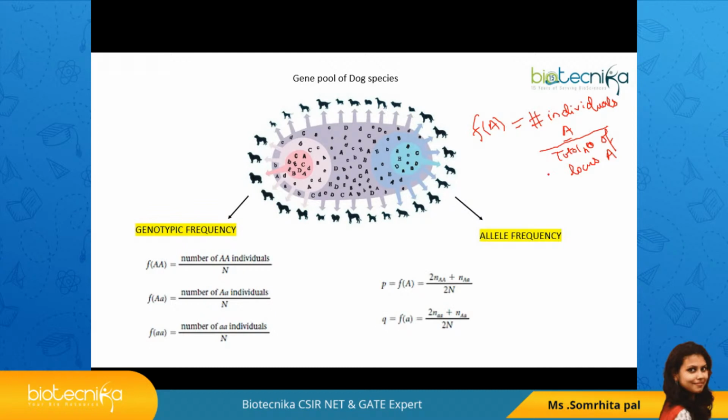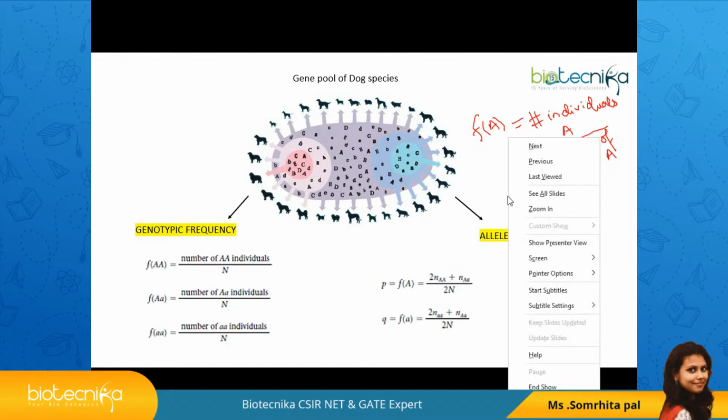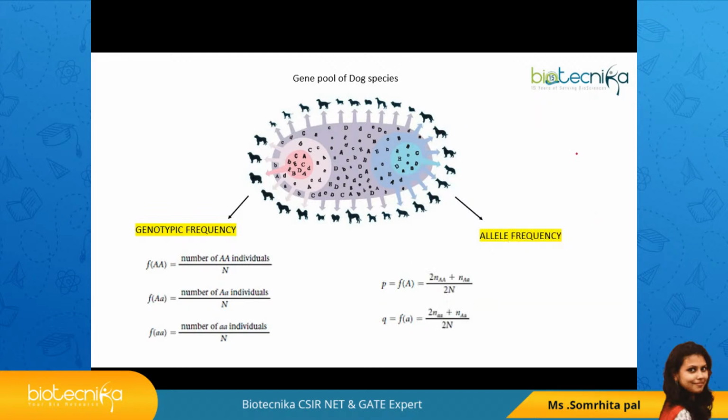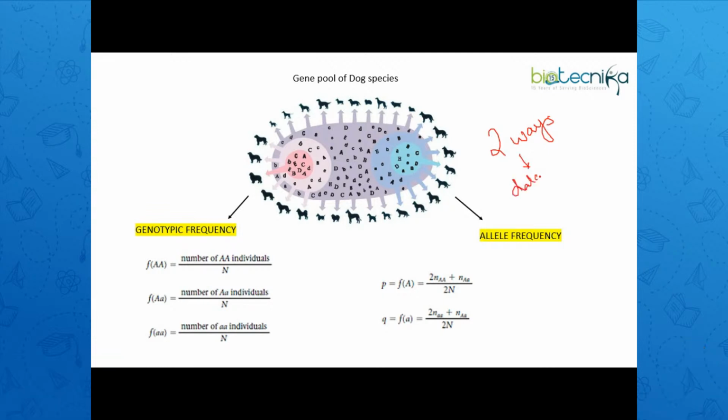So now, depending upon what data you have in hand, you have two ways of measuring allele frequency. The ways are completely dependent upon the data type. Fine?